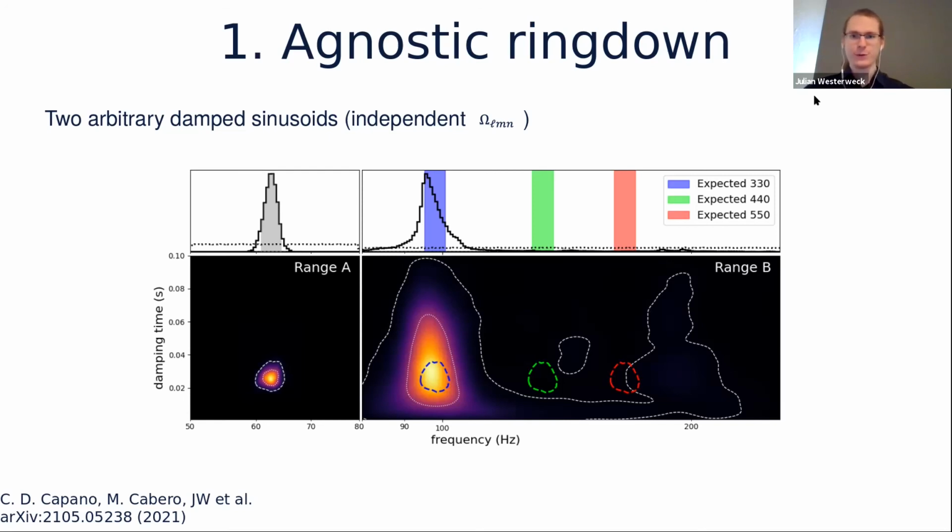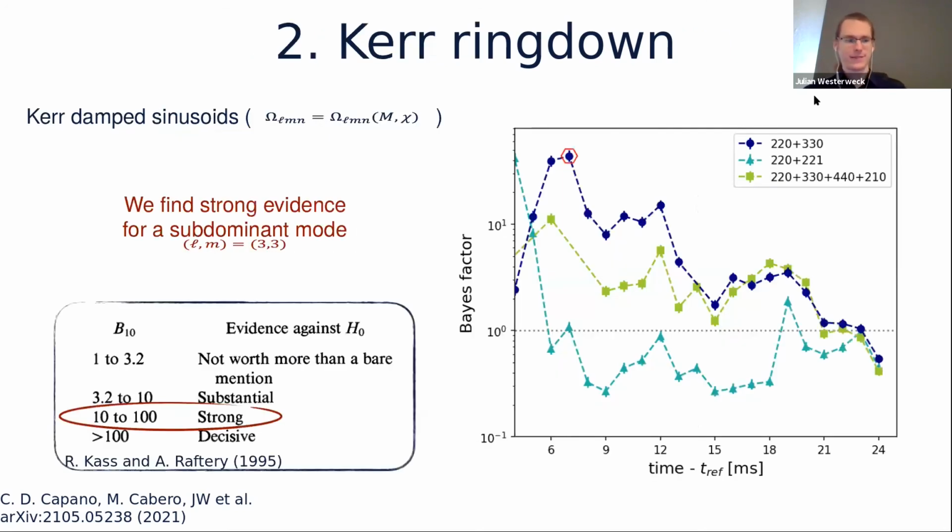So now we want to quantify the probability of this signal being the Kerr ring down. And for that, we impose the relation between the parameters as expected from general relativity. To quantify the preference for different models, we use the Bayes factor, which simply is the ratio of evidences for one model versus the other model, which is to be compared against.